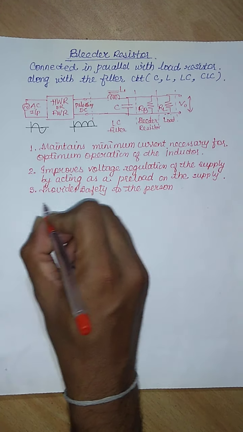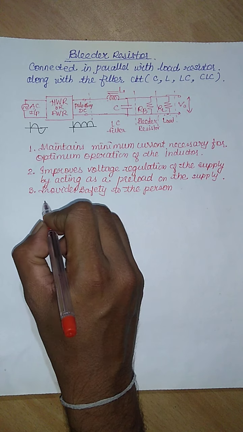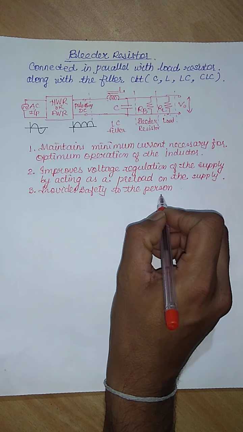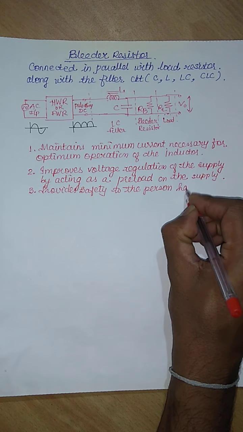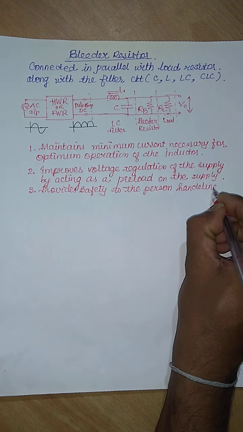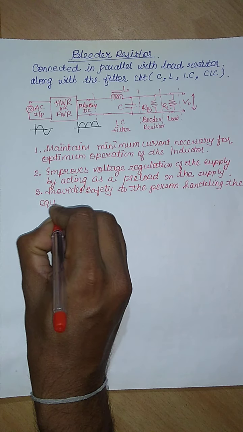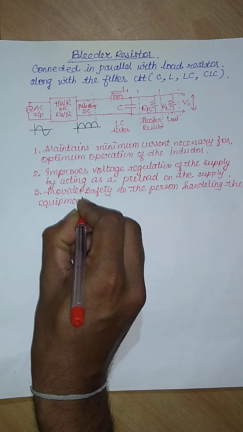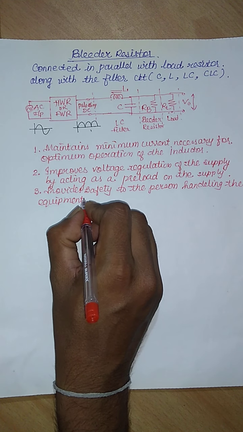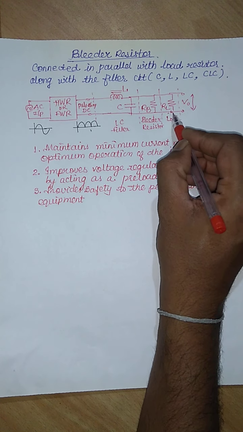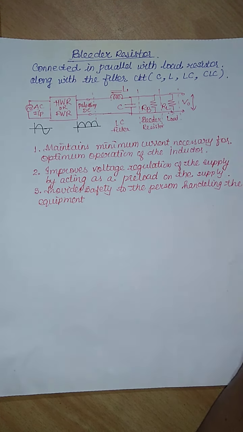And the third point is that this bleeder resistor provides safety to the person handling the equipment. Equipment means any device which requires a DC voltage. This equipment means this load resistor.